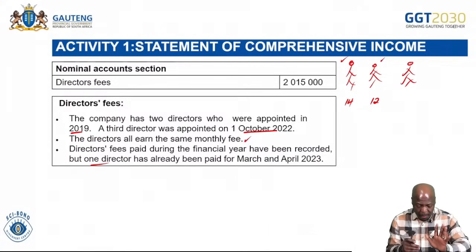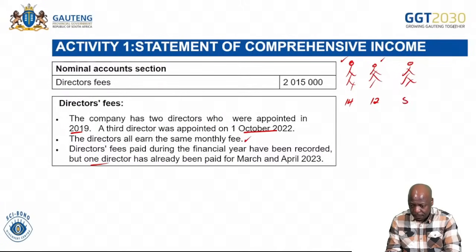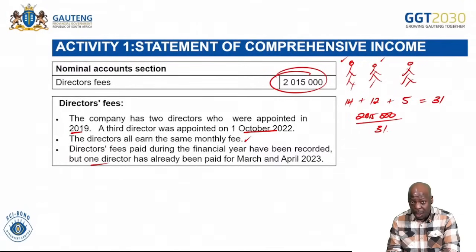How many months are those? That gives you 5. So you now say 14 plus 12 plus 5. Calculators. How much you got? 31. So it means whatever we have here, that is what was paid for 31 months. 2,015,000 is what was paid for 31 months.